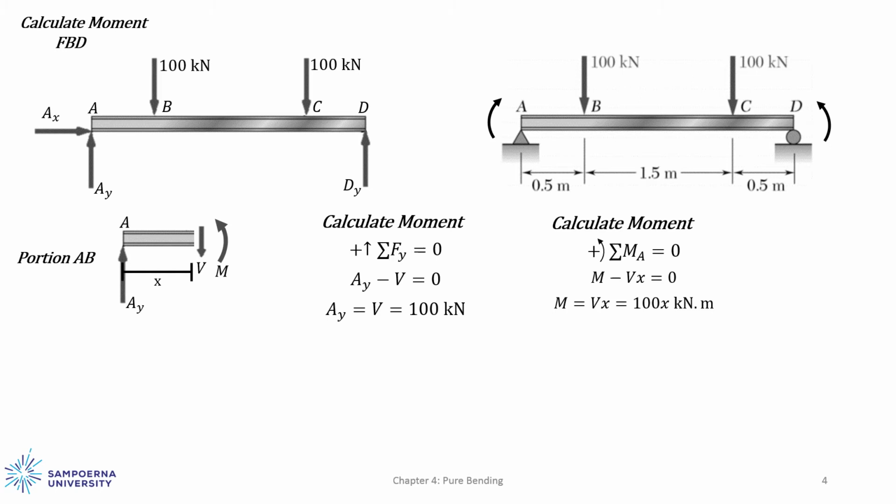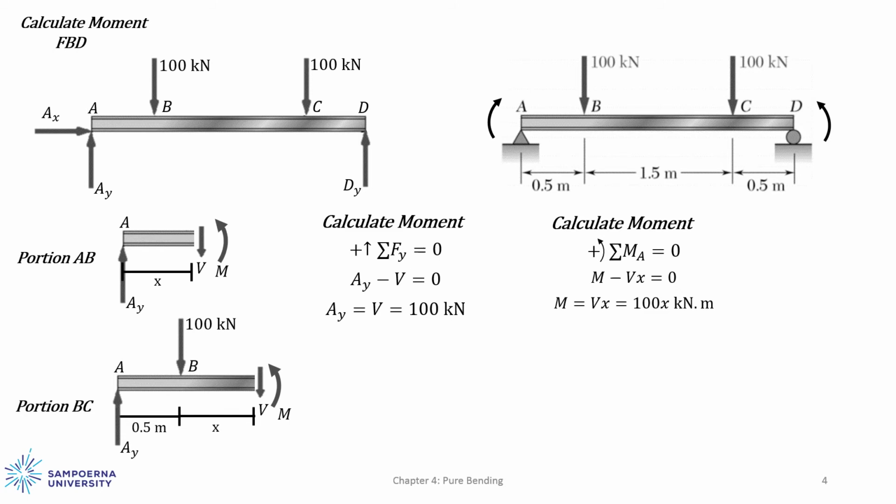And M is positive because it's counterclockwise, minus V times the distance x because it's clockwise. Then we get the moment is Vx, or 100x kilonewton meter. Here we still have an unknown, which is x. So to get the value of moment, we can cut further.